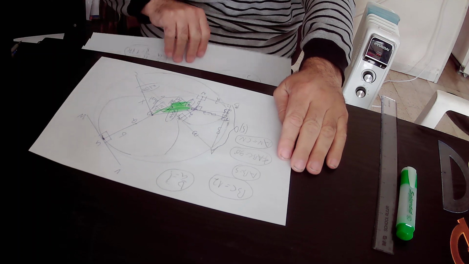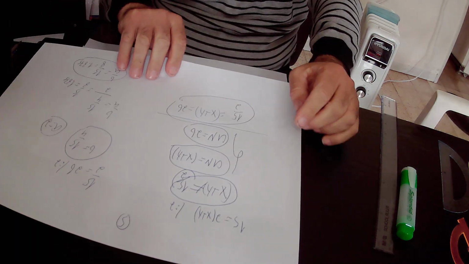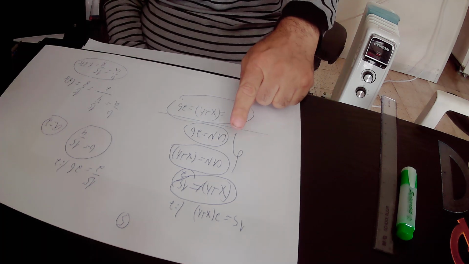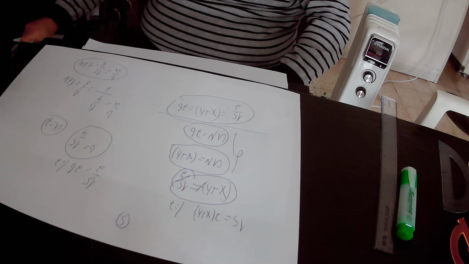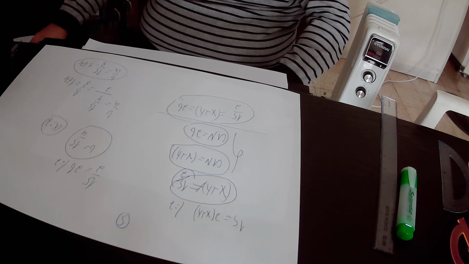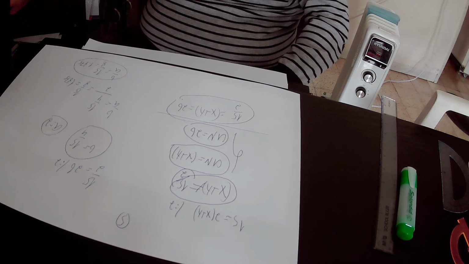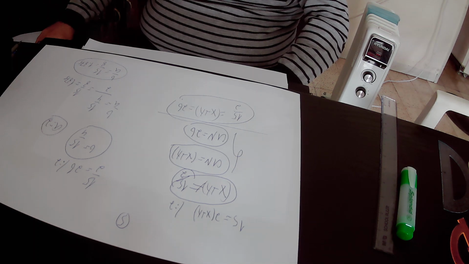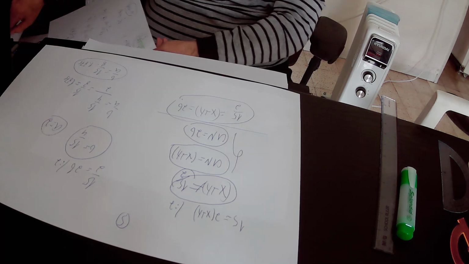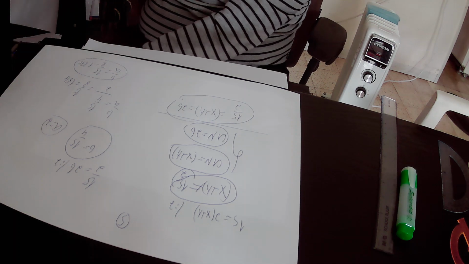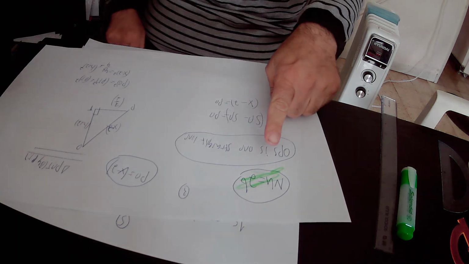So we can write down here that UN equals to x plus h from one side, but from the other side we have already found out that UN is the diameter of the circle that is equal to 2b. UN equals to 2b.